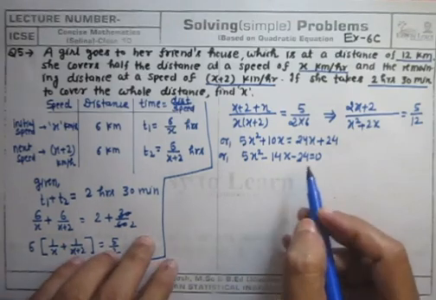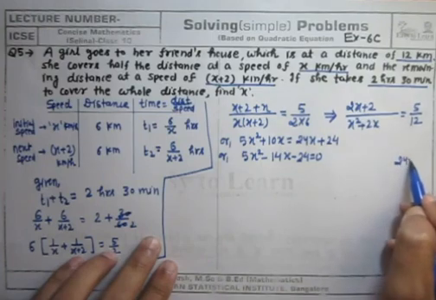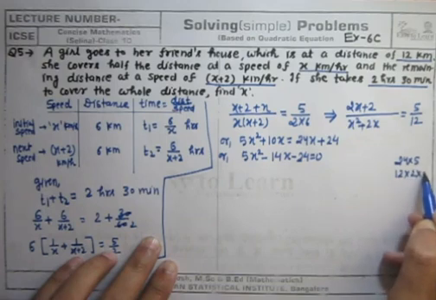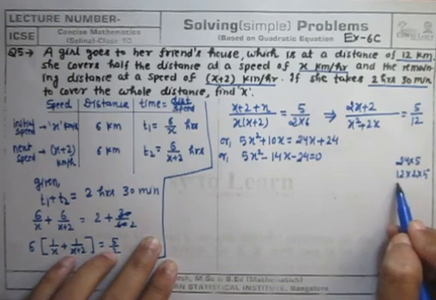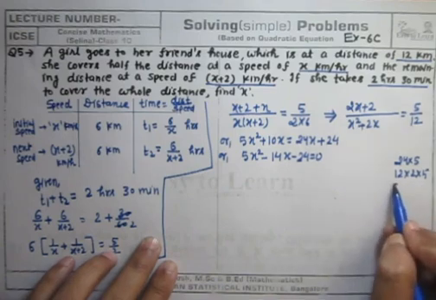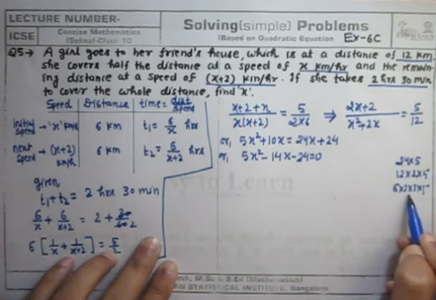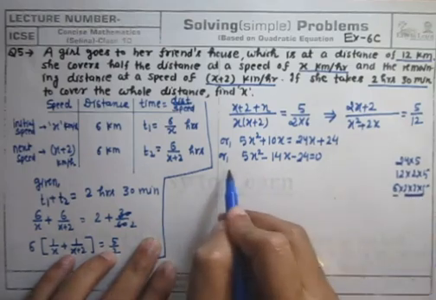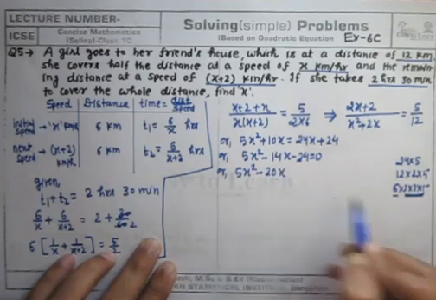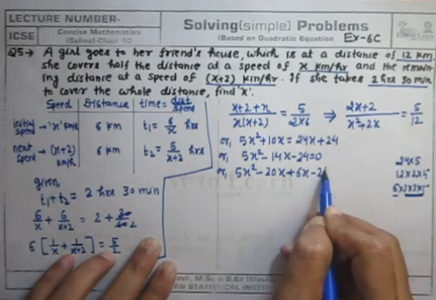Now we have to solve this one. 24 into 5 is 12 into 2 into 5, so it is 12 into 10, so that is not okay. 6 into 2 into 2 into 5, so I will make a pair 20 and 6. So 5x square minus 20x plus 6x minus 24 equal to 0.